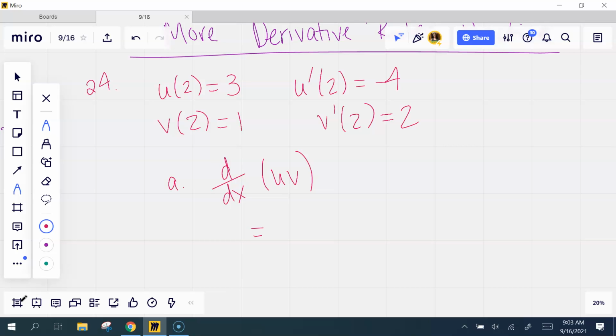You can't just do this; it does not equal the derivative of u times the derivative of v. What's the rule? Derivative of the first times the second. Yes.